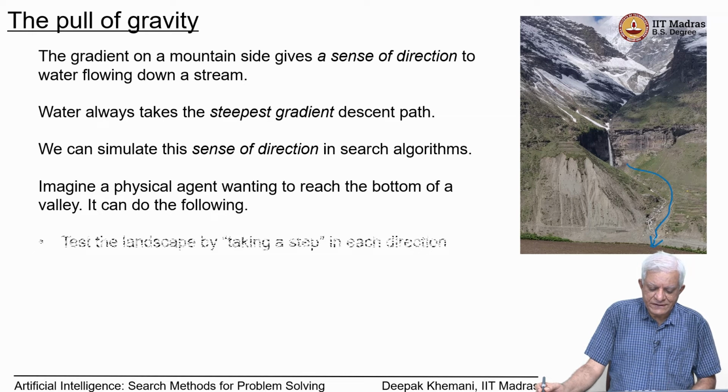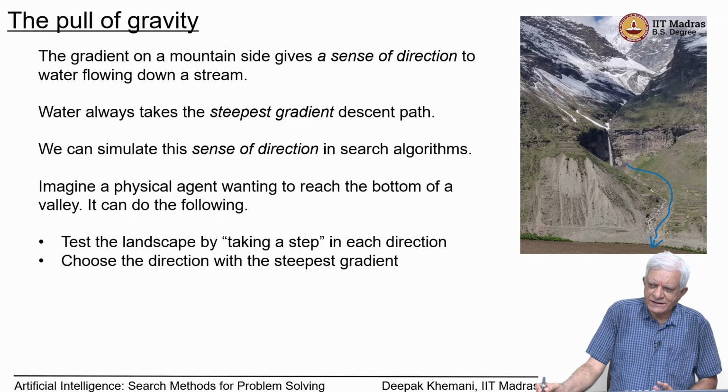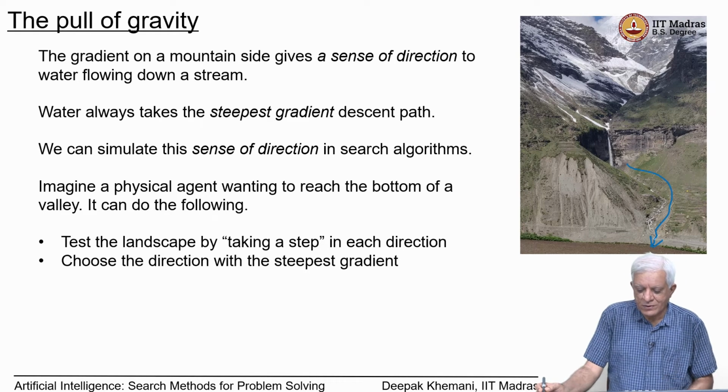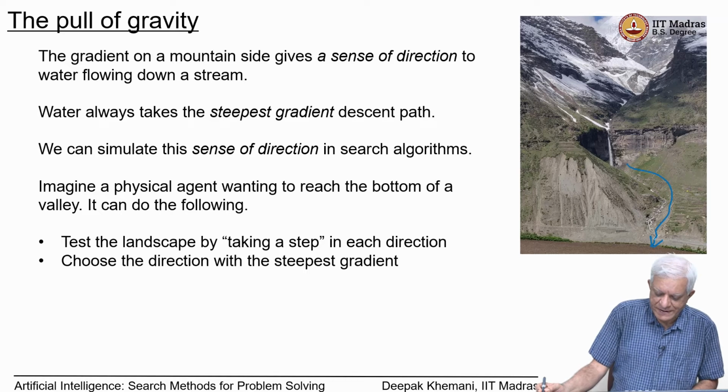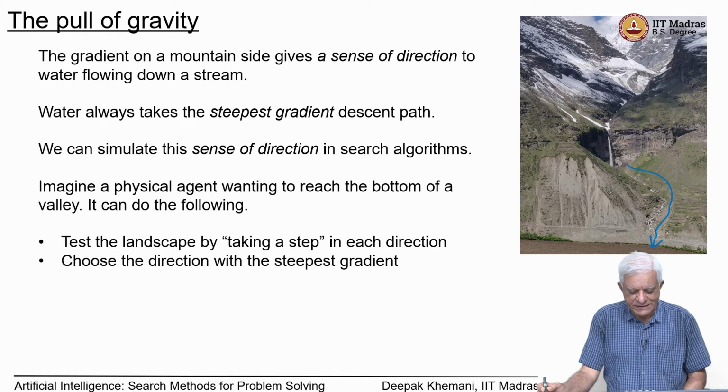Imagine a physical agent wanting to reach the bottom of a valley, and let us say that the physical agent is blindfolded. So, you cannot have a global view of the space. What you can do is test the landscape by taking a step in each direction and choose the direction which seems to be going down the most, the steepest gradient.